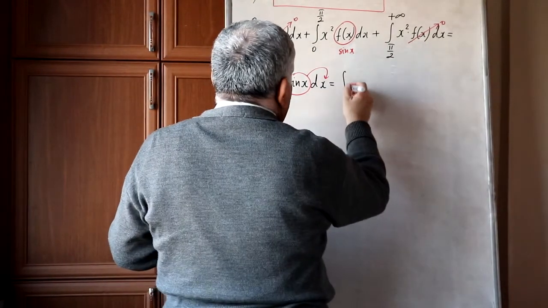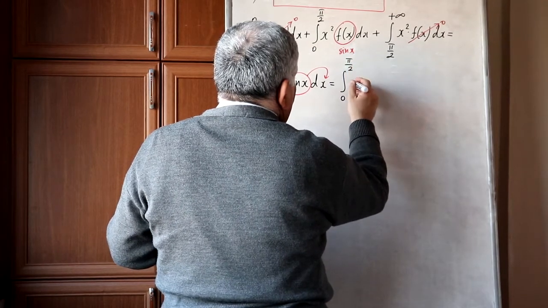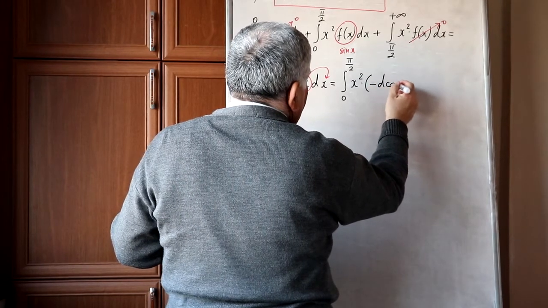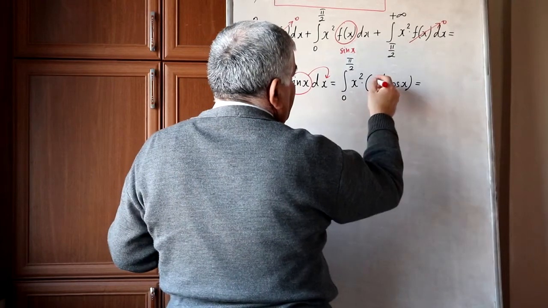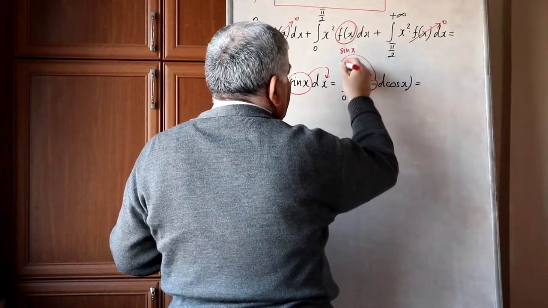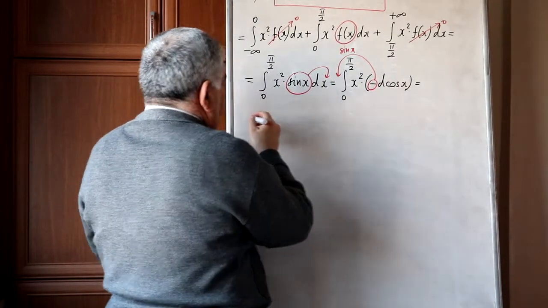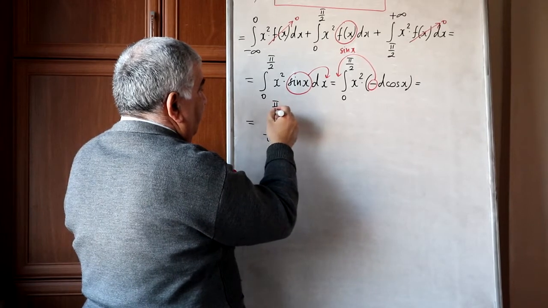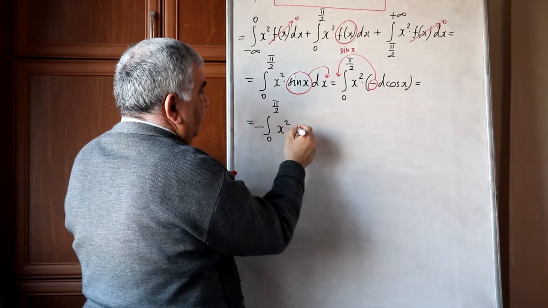Integral from 0 to pi in half of x squared multiplied by minus d cosine x. Then we can take the negative sign out of the integral symbol. Integral from 0 to pi in half of minus x squared d cosine x.